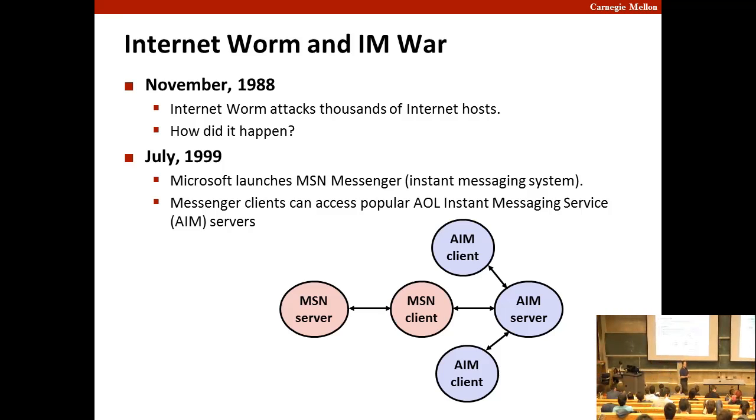And this made Microsoft really, really jealous. Because they were trying to start up a competitor called the Microsoft Network, MSN. And the problem was that all the users were over on AOL. No matter what they did, users didn't want to move, because all their friends were on AOL. If they go to Microsoft, there's nobody to talk to.